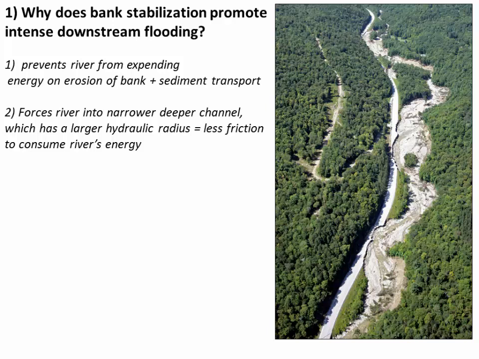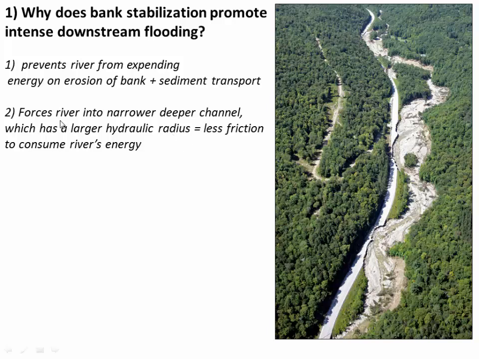And we're going to look closely at both of these drawbacks now. So why does bank stabilization promote intense downstream flooding? Well, it prevents rivers from doing exactly what we just talked about. It prevents them from expending their energy on the erosion of the bank and sediment transport. So they've got nothing to erode, nothing to move, so they just pass that energy right downstream into the next downstream reach.